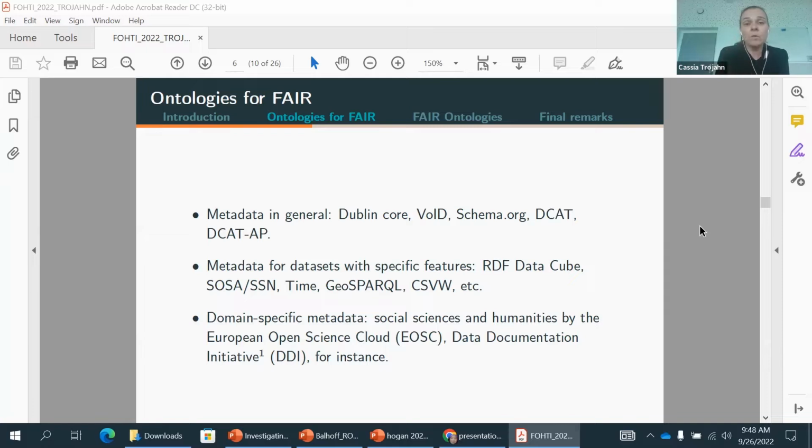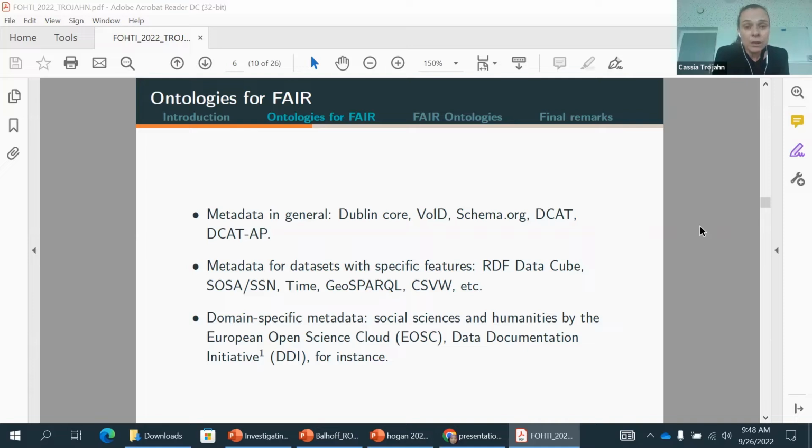And you have domain-specific ontologies, and you need domain-specific ontologies. I just give here an example among many others: the social science and humanities set of metadata that have been proposed so far by the EOSC.